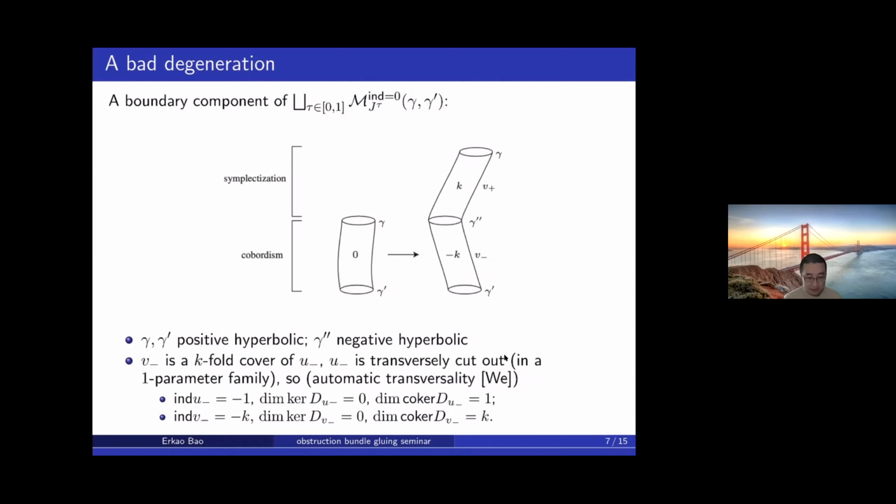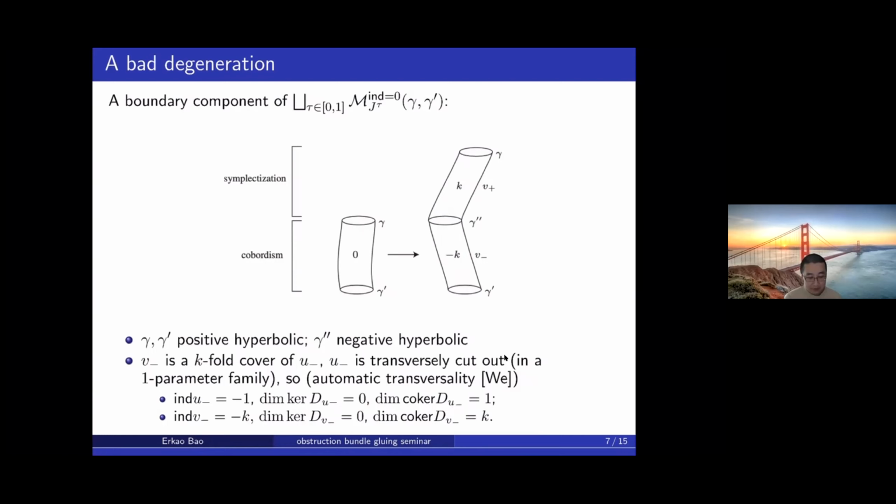So the V minus has index minus K, and the U minus has index -1. So for a generic J, this kind of curve appears, and by automatic transversality, you can also show that the kernel of U minus is 0-dimensional, while the co-kernel is 1-dimensional.